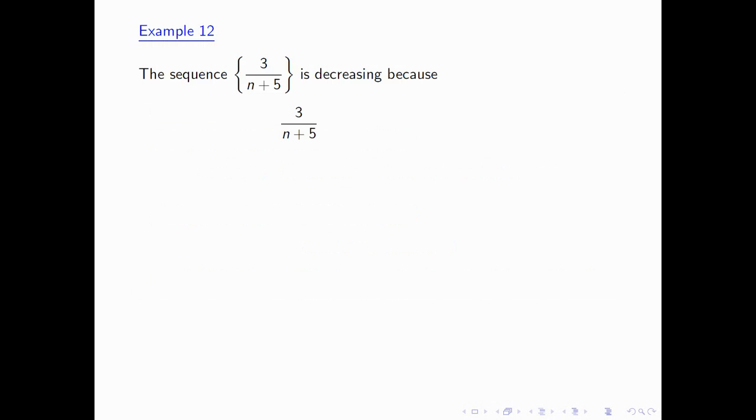We say 3 divided by n plus 5 is greater than, notice what I'm doing now, in the expression on the right of the greater than sign, I've increased n to n plus 1. And that's true because I'm dividing by a larger number. So 3 divided by n plus 5 must be bigger than 3 divided by n plus 1 plus 5, because I've got n plus 6 in the denominator now.